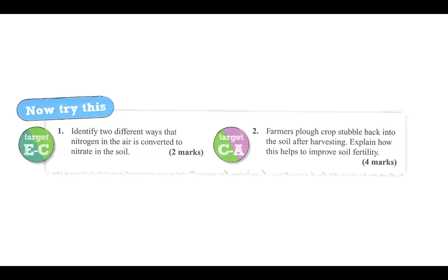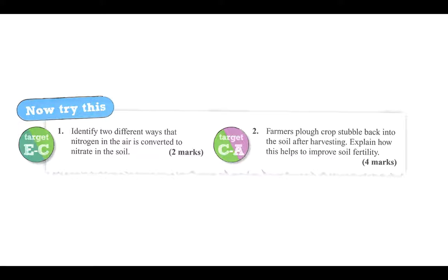So 1 mark for saying the dead plants contain proteins, 2nd mark for saying that decomposers break down these proteins to release ammonia into the soil. The nitrifying bacteria then turn this into nitrates, is your 3rd mark. And your 4th mark comes from saying that the nitrates are then used by plants planted by the farmer to grow, to build new proteins.